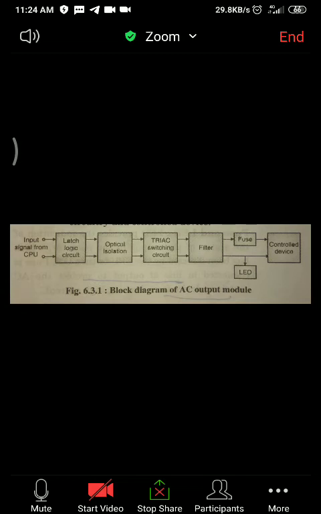Means whatever status is there, that current is given to the LED, and then the light will fall onto the phototransistor, and then output current is generated. So the output isolator will provide the optical as well as the electrical isolation.